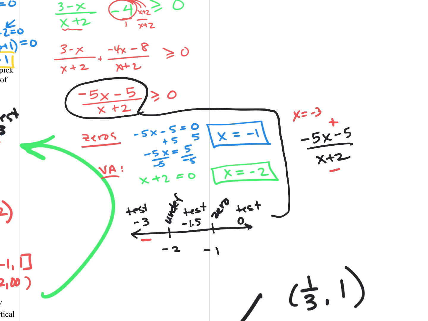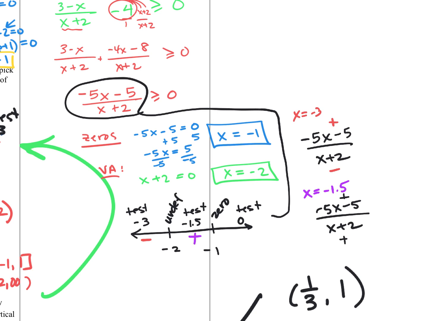If x equals -1.5, again plugging into -5x minus 5 over x plus 2, that's going to turn into a positive, let's see, 7.5 minus 5, so it's still going to be positive on the top. And then on the bottom, -1.5 plus 2 is positive. So positive over positive gets us a positive.